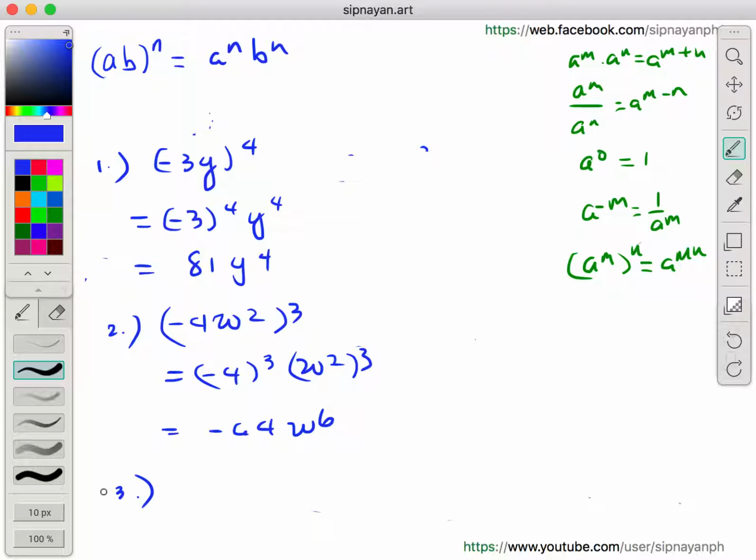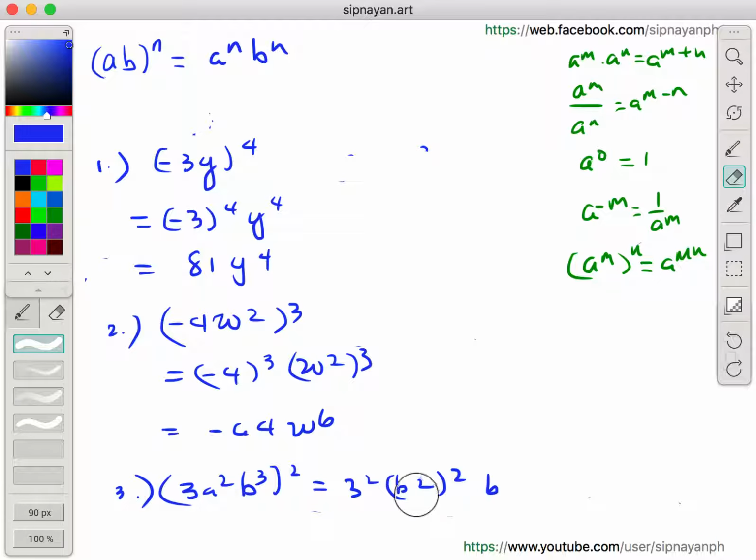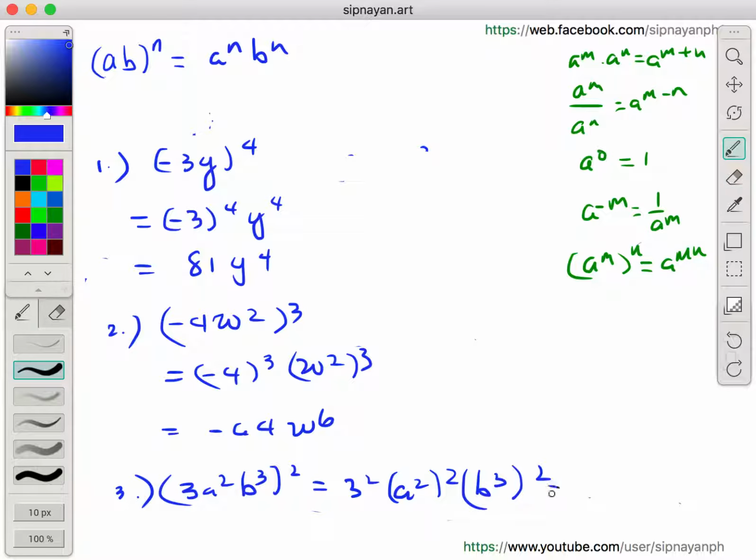Number 3, we have (3a squared b cubed) squared. So magiging 3 squared, i-distribute lang natin, and then we have a squared squared, and then b cubed squared, which is equal to, what is 3 squared?